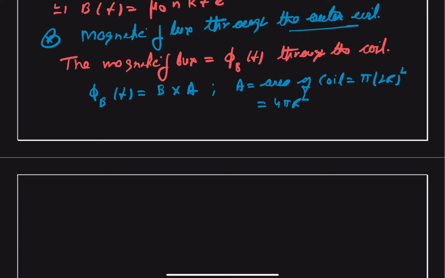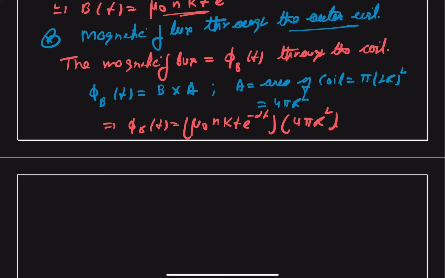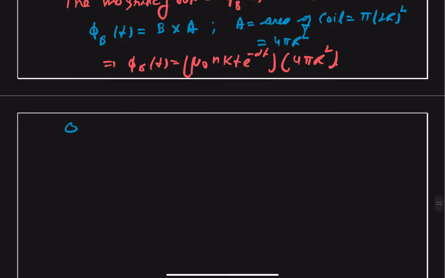Therefore, the magnetic flux phi of B t will be equal to B, which we already found out is given by mu naught n k t e raised to power minus alpha t, multiplied by the area, which is 4 pi r squared. So we can write that the flux associated with the outer coil will be 4 pi mu naught n k r squared t e raised to power minus alpha t.